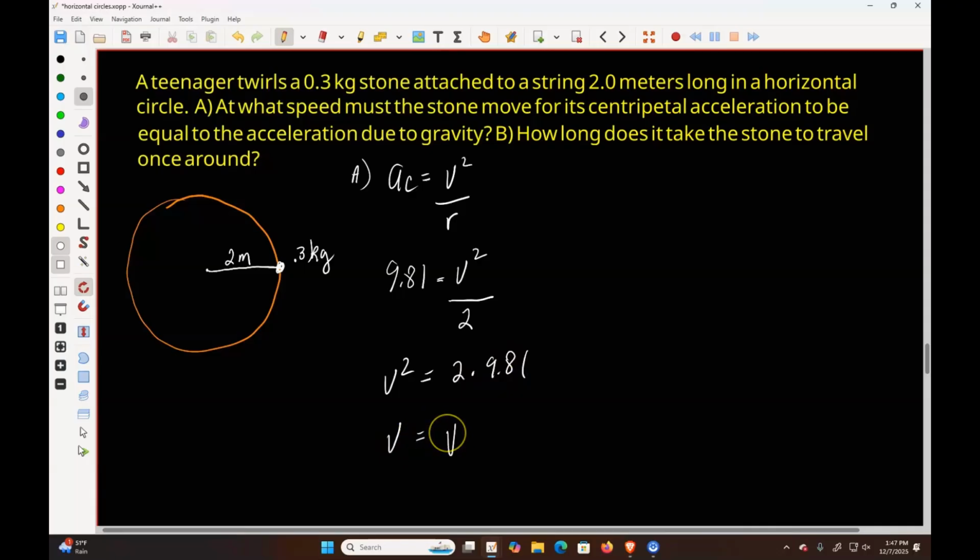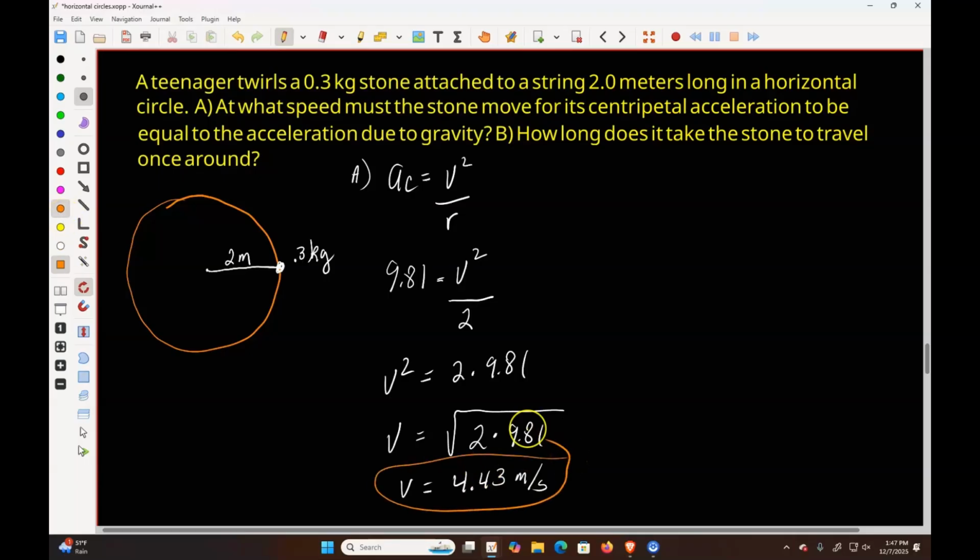So velocity is equal to the square root of 2 times 9.81. Plugging this into my calculator, I get 4.43 meters per second. That will be the velocity that it's traveling.